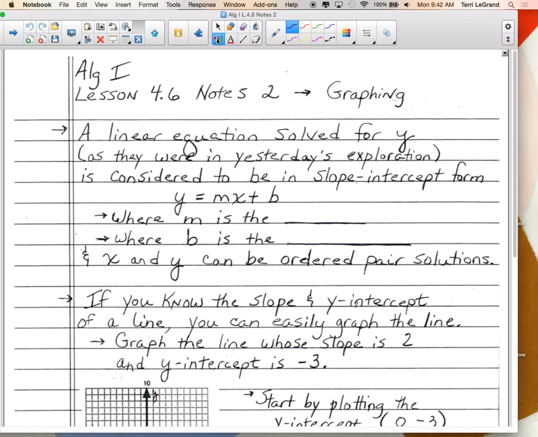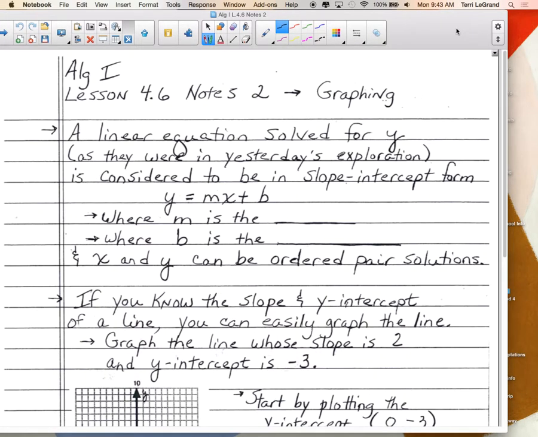When you've had a week and a half or almost 2 weeks off of school. Generate ordered pairs. Create a table. Pick X values, put them into the equation, get a Y value for it, have an input, get an output, generate ordered pairs. Okay, and that will work for any type of equation you want to graph. It doesn't matter what it is, it doesn't even have to be linear.